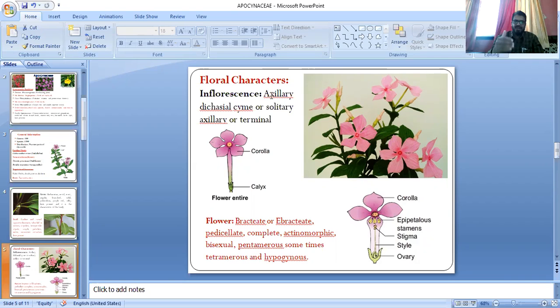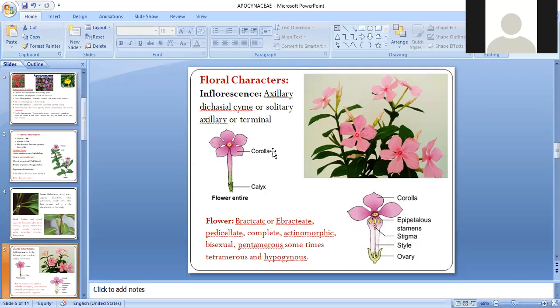The growth of floral axis ends by the formation of two flowers. यहाँ पर दो फ्लावर फॉर्म हो रहे, हर एंड को two flower formation are there. That's why it is called as diaxial cyme. Axillary क्यों है? Because these flowers originate from the axis of the leaf. That's why it is called as axillary diaxial cyme or solitary axillary.